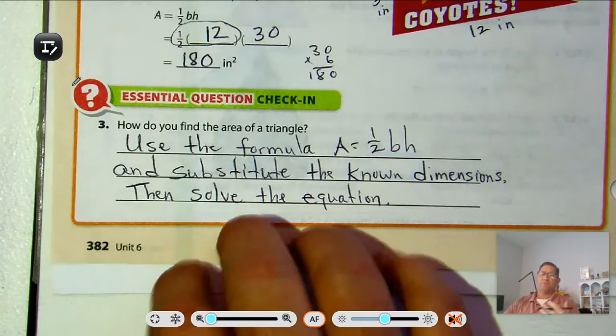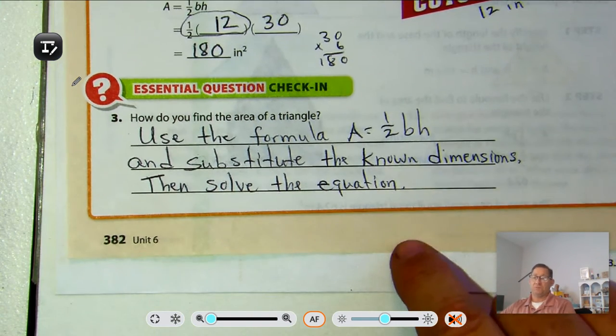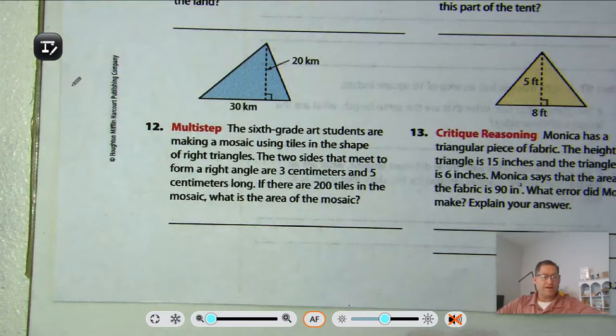All right, so what we've been doing, we start with the formula, we substitute the known dimensions, and then we solve the equation. That'll give us the area of the triangle.